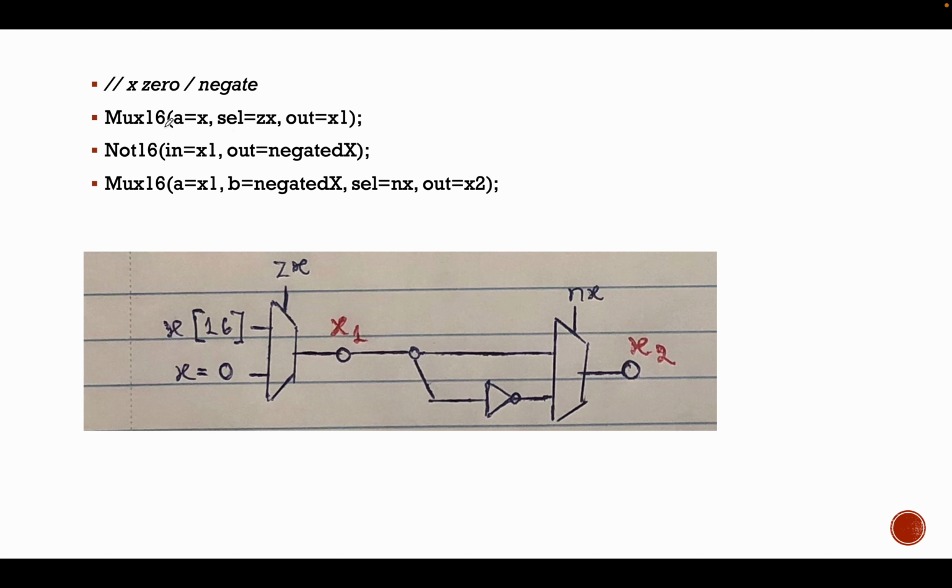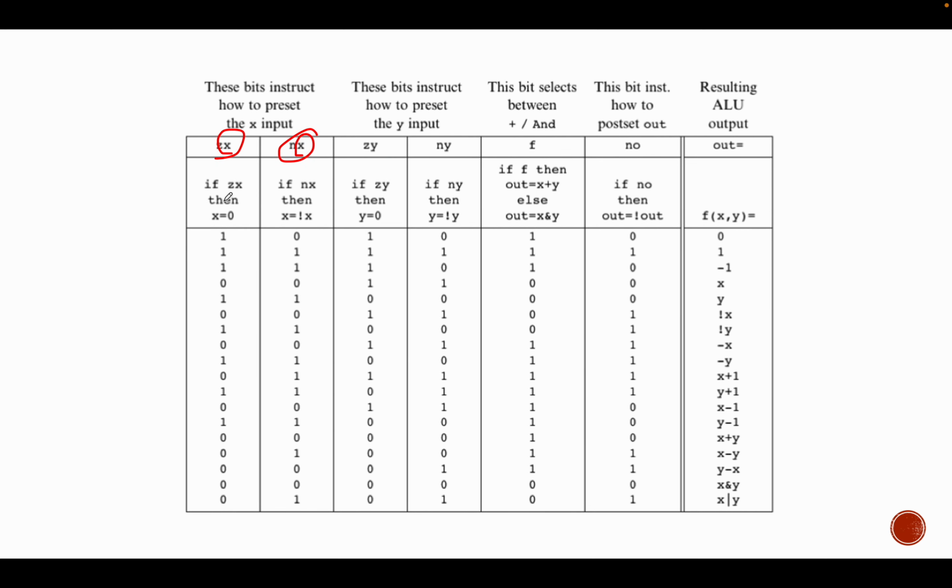ZX and NX. So this part here. Remember, ZX, what does it do? It says here, if ZX is true, then we set X to 0.